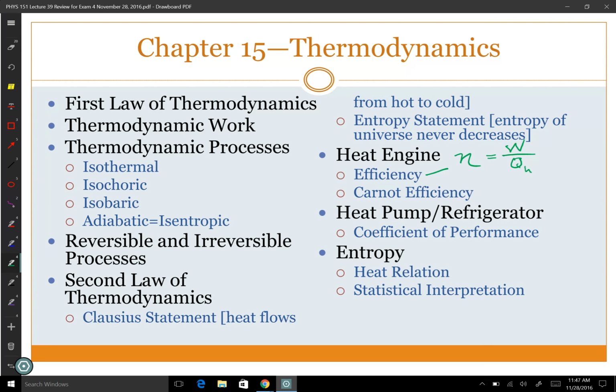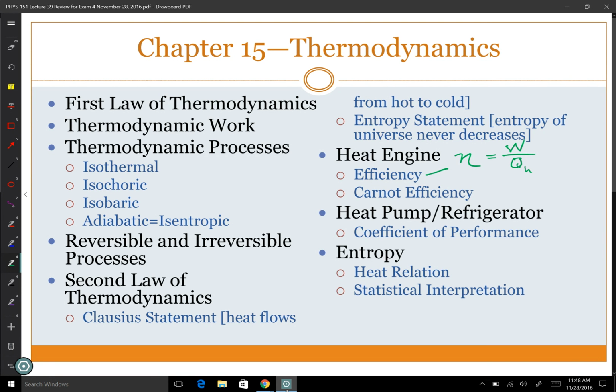It's what we call the ideal engine. So if you have a problem that says ideal, whether it's a heat pump or a heat engine, it means it's the Carnot cycle, which isn't physically possible, but it's a theoretical standard that tells us the best efficiency we could possibly get.